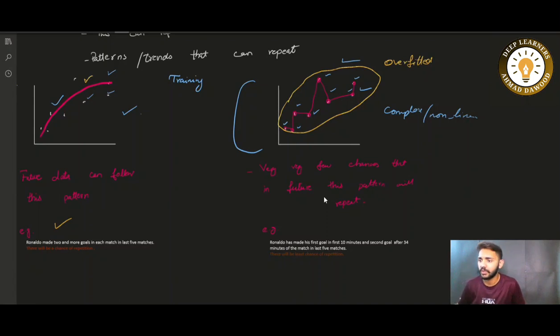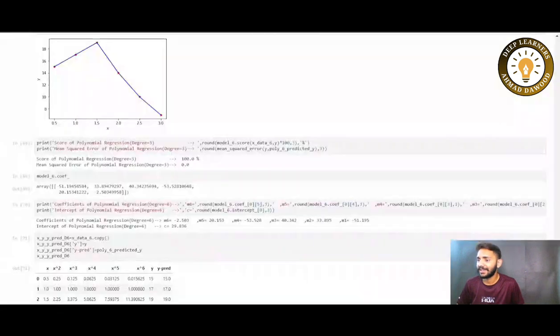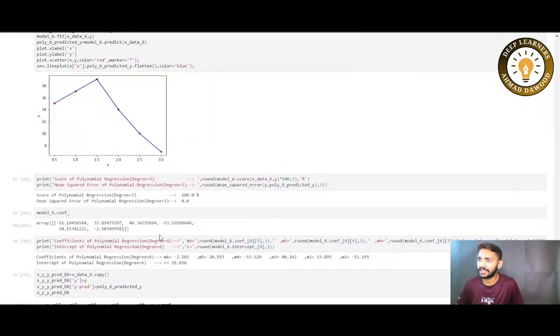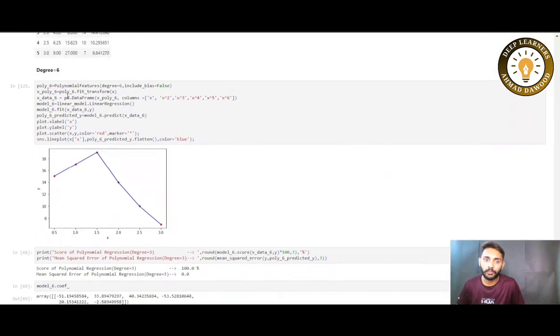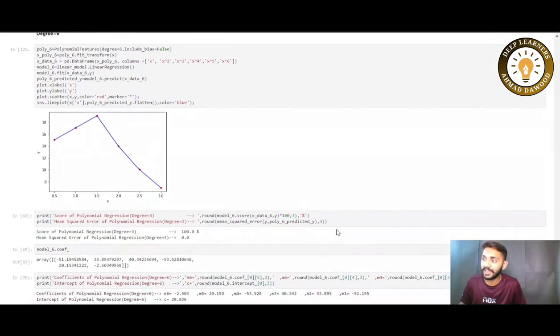You can say, in the last session on polynomials, you have seen that in the degree 6 case of polynomial regression, your model has perfectly captured all the points, and you are getting a 100% score. But it is giving you a 100% score on the data points that it has seen during its training process.